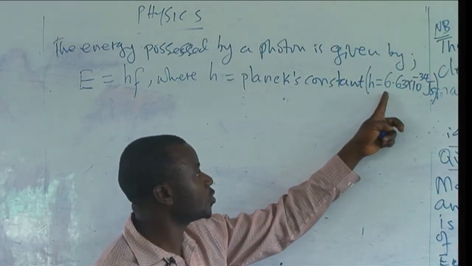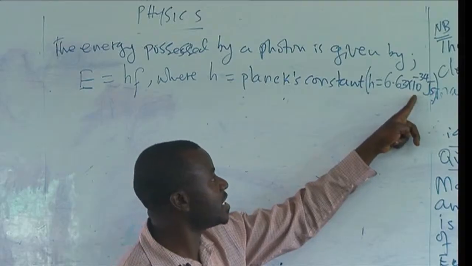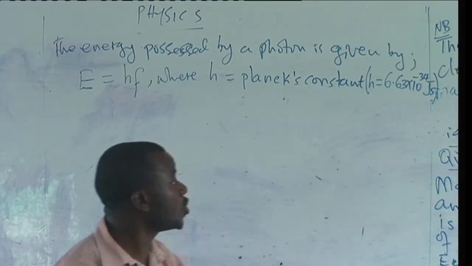H is equal to 6.63 times 10 raised to power negative 34 joule seconds. H is a constant, and it is called Planck's constant. The value of Planck's constant H is 6.63 times 10 raised to power negative 34 joule seconds.